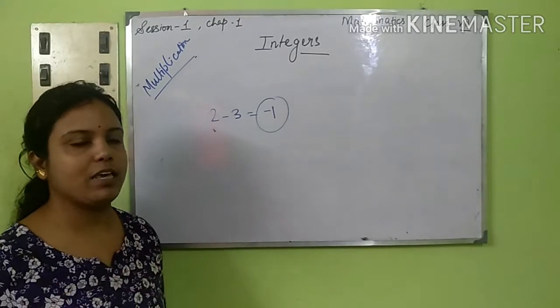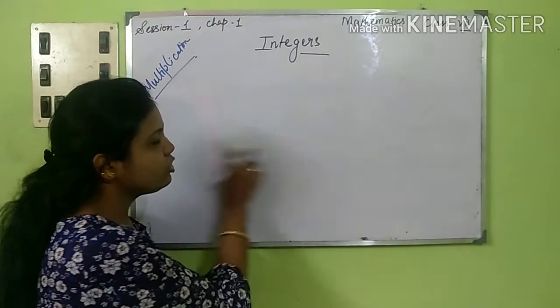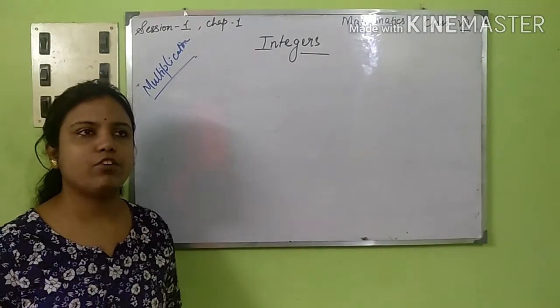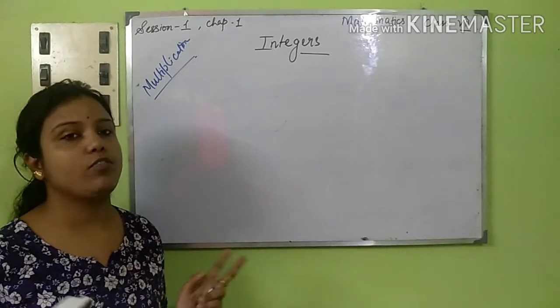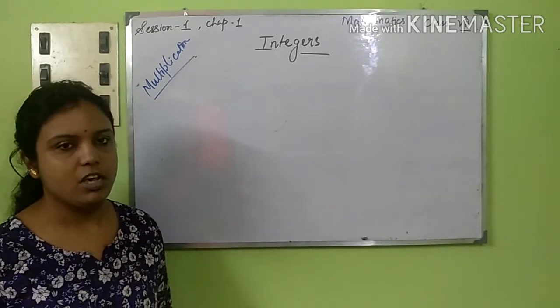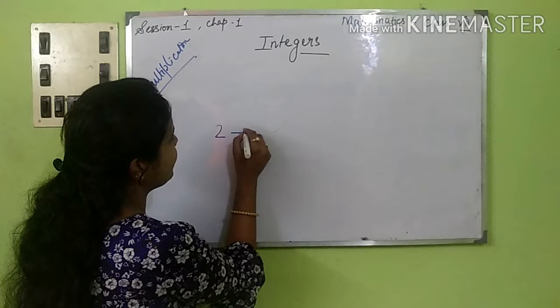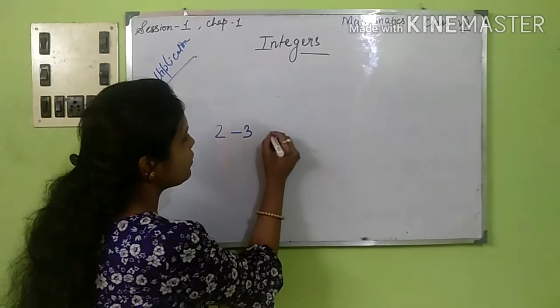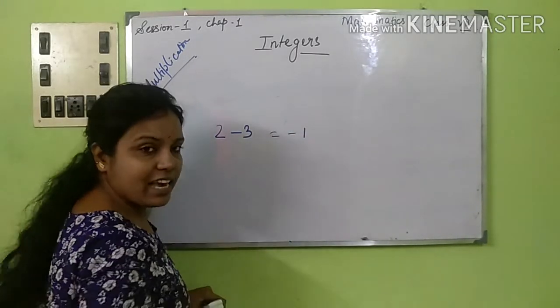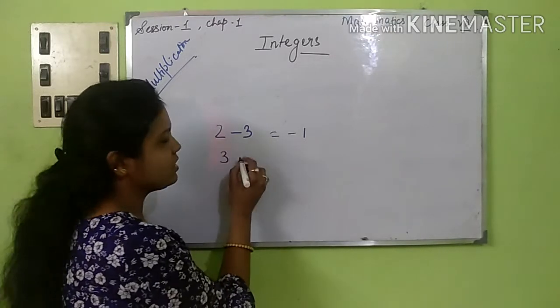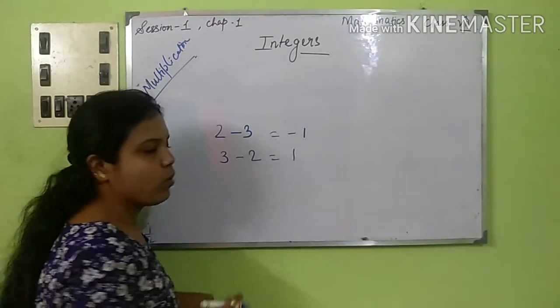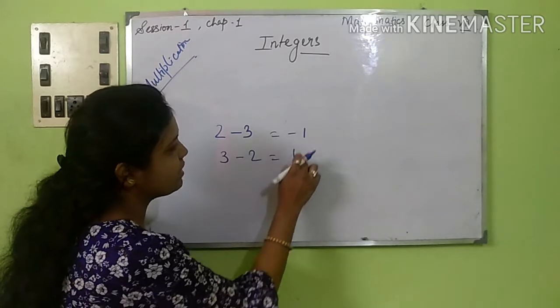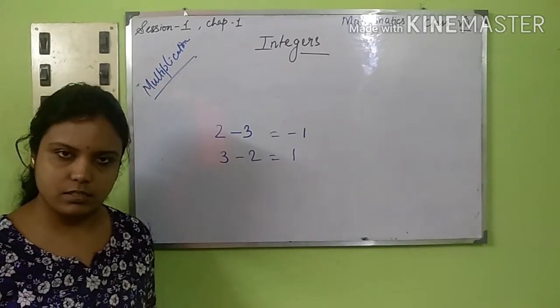But you can try out by yourself that the commutative property, or the associative property, nothing holds for subtraction. Just a small example, here I had taken 2 minus 3, right? So we are getting the answer as minus 1. Again, if we rearrange the digits and take 3 minus 2, we are getting 1. So you can easily understand that minus 1 and 1 are not the same answers, right?